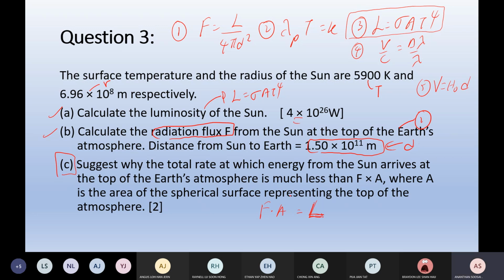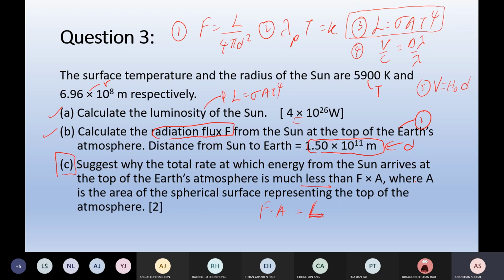So any reason why the flux we receive at the top of the Earth's atmosphere is much less than F times A? Why the total rate at which the energy from the sun arrives at the top of Earth atmosphere is much less than F times A. What's the reason?